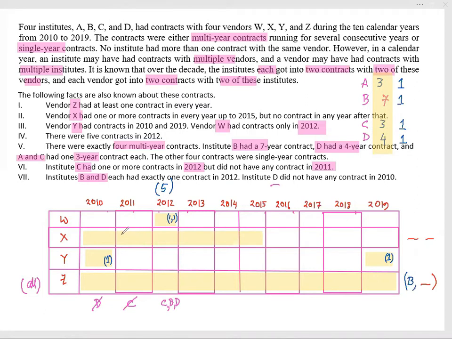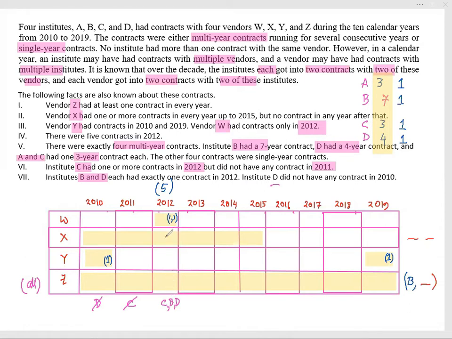I know that in X there would be 2 multi-year contracts and in Z 2 multi-year contracts. Now C, if it is in the multi-year contract of Z, then it needs to be 10, 11, 12. But if it is 10, 11, 12, then in 11, C is appearing, which is not acceptable. So in a multi-year contract in Z, C is not here.